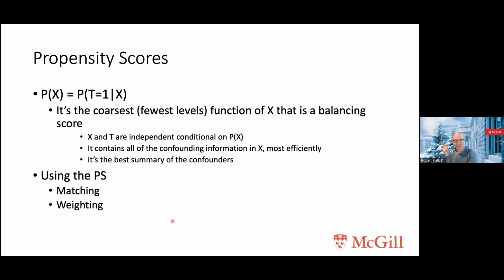And the propensity score is a really simple tool that is just a summary of the X variables. It's derived as the probability of T equals 1, so the probability of being treated given X, the covariates.